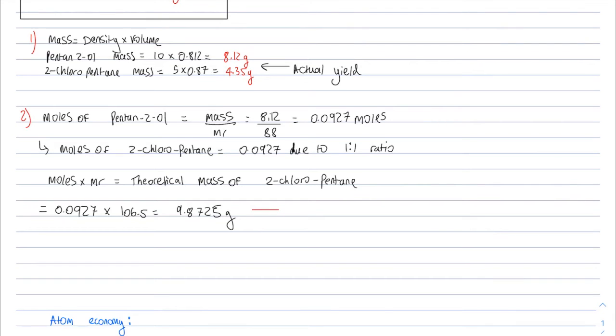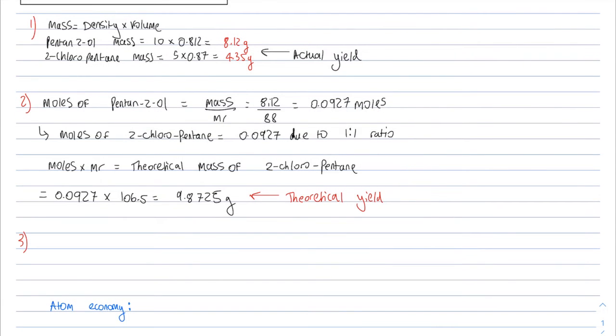Now this is our theoretical yield. Now all we have to do is sub it into the equation, and we get a percentage yield of 44%.